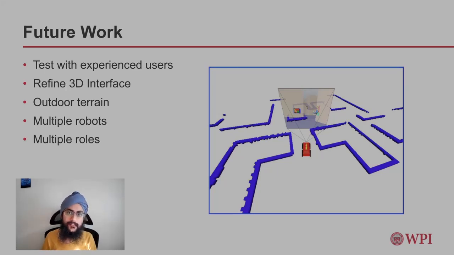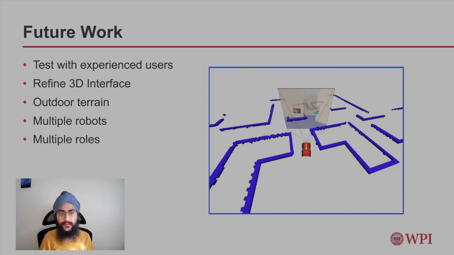Another interesting example of future work that the paper points out is outdoor terrain. All of the examples in this paper were completely flat, and the surfaces didn't have any debris on them or anything.